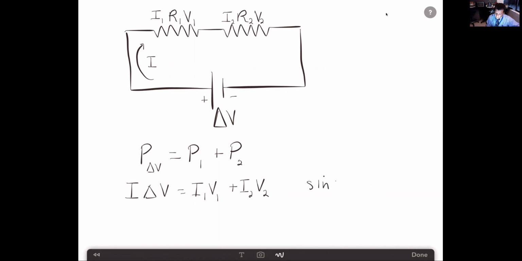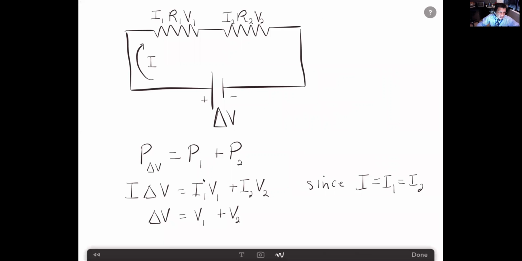Again, since in a series circuit the current is the same everywhere, we can write delta V equals V1 plus V2. It just means we can divide it out. Just in case you guys don't understand what I'm saying, it just means that we can divide it out.